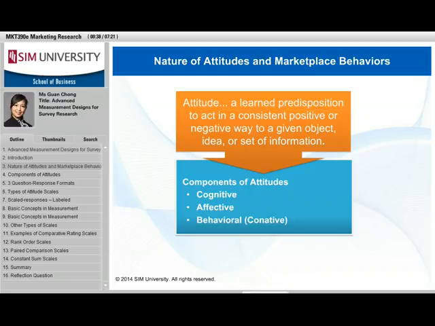Attitude is a learned predisposition to act in a consistent positive or negative way to a given object, idea, or set of information. There are three components of attitudes: cognitive, affective, and behavioral.